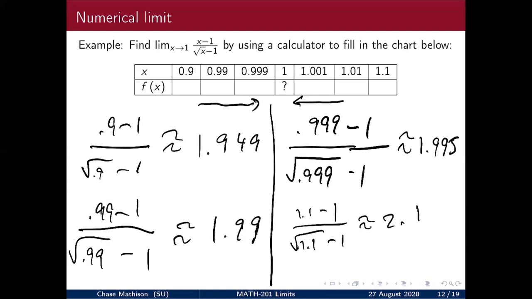And then on the next one, 1.01 minus 1 over the square root of 1.01 minus 1, that one would give you 2.01, and the next one's going to give you about 2.001. And so from both sides, it looks like we're approaching the value of 2. Okay.